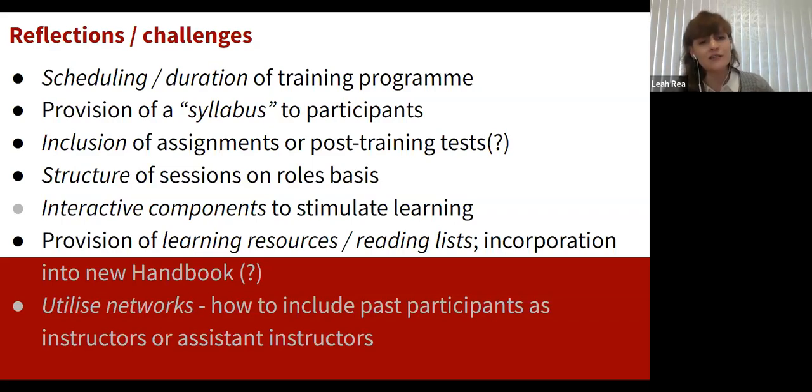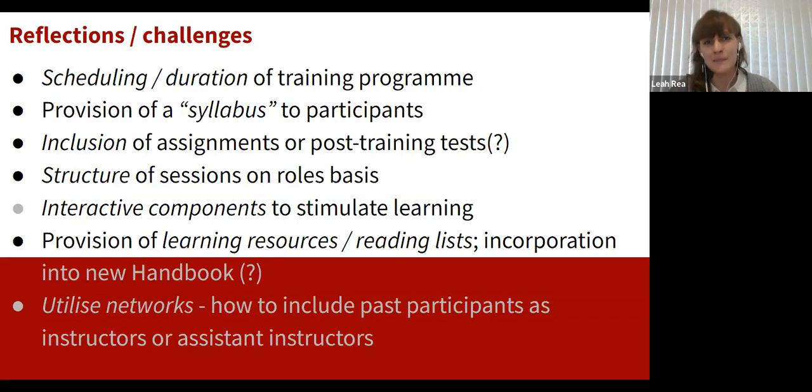I've included here learning resources and reading lists. At the minute, we do provide an overview of what we feel are really effective and educational websites within the handbook. And within, it should be session 1 of all training for all the teams.